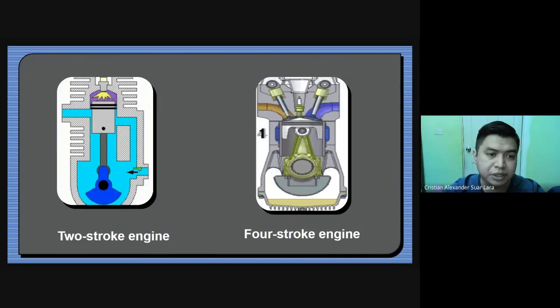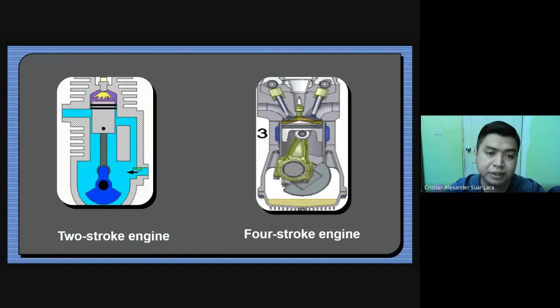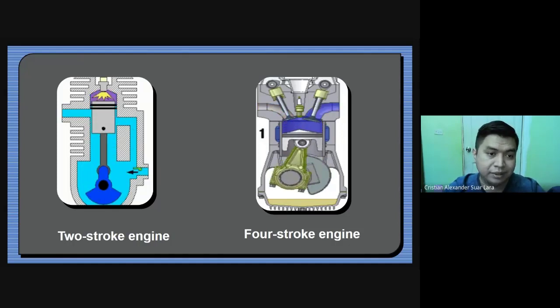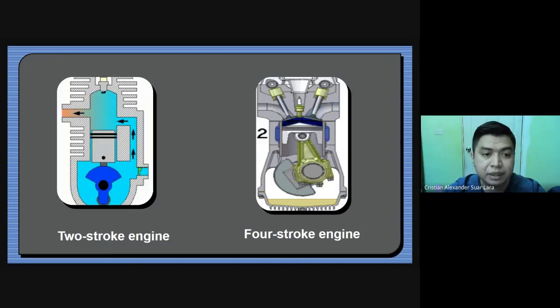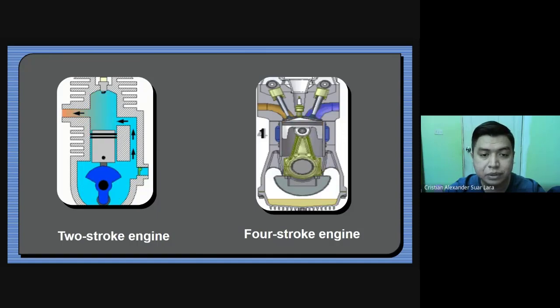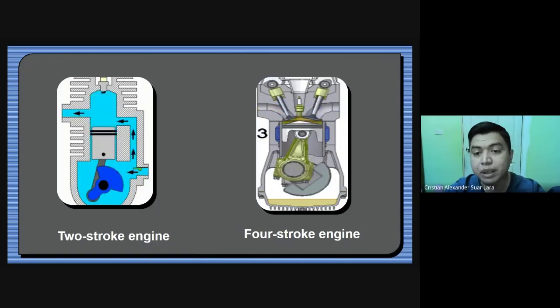A two-stroke engine delivers one power stroke for every two piston movements. As the name implies, the system only requires two piston movements in order to generate power.